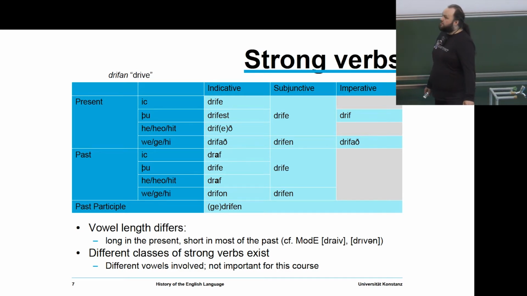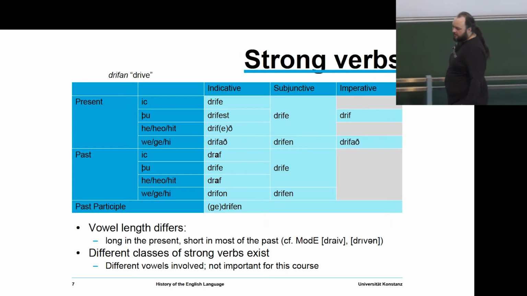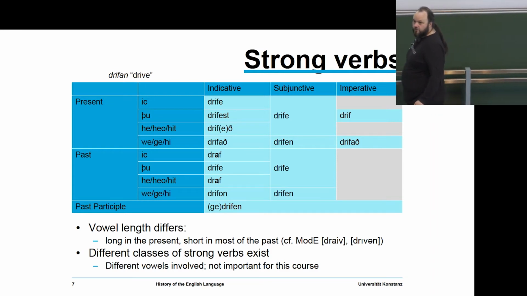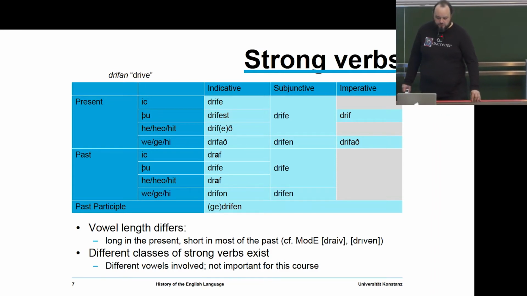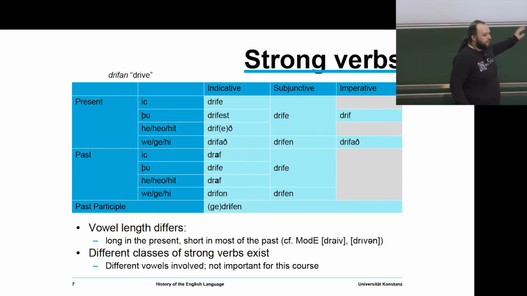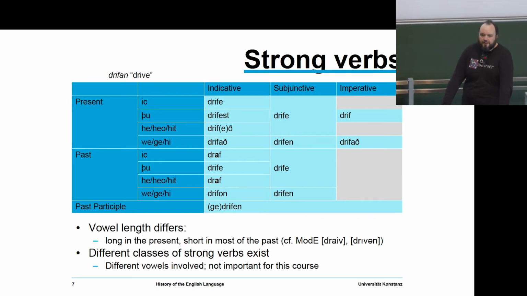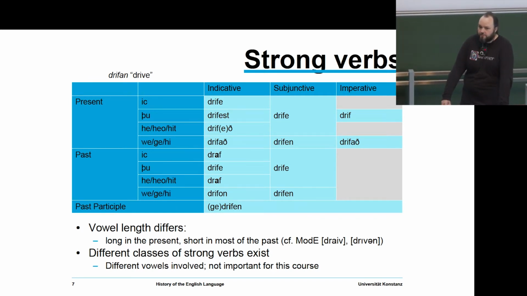And if you have the plural, then you've got an N. What this table doesn't show is that the length of the vowel is actually different in some of these forms as well. And if you look at the textbook, you can find out more about that. But what these last two columns show is that the system is not a perfectly canonically synthetic system, because you don't find a different ending for every single combination of person and number.